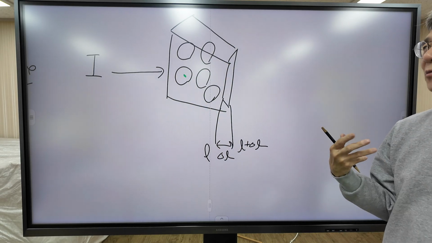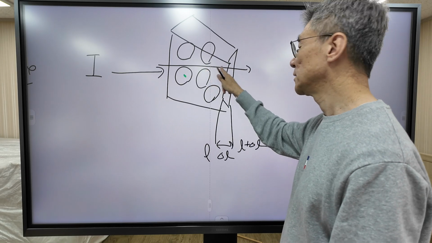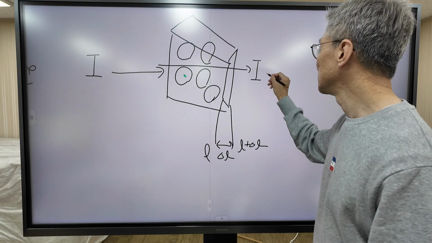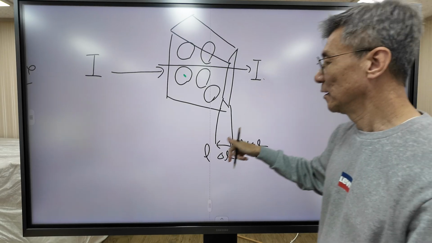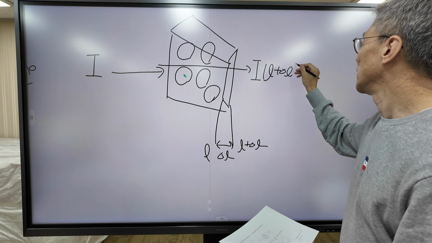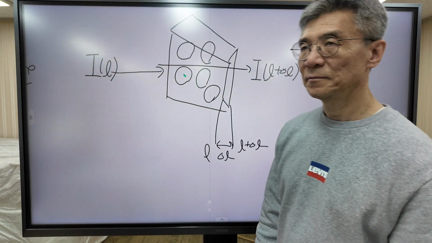This process is absorption. When the photon passes through, it is transmitted. So the transmitted light is I at L plus delta L. The initial intensity is I at L.